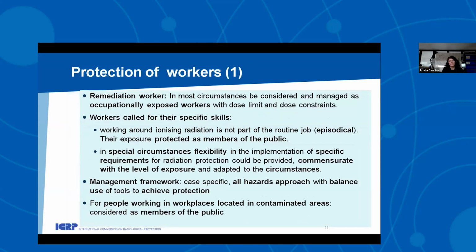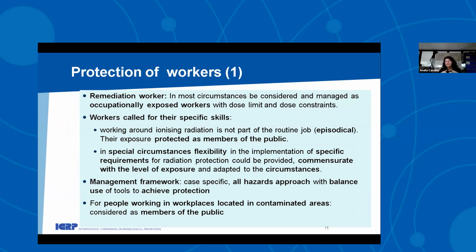Regarding workers, as Mike mentioned, we can say the typical remediation worker, in most circumstances, the recommendation is to be considered and managed as occupationally exposed workers, applying those limits and those constraints.